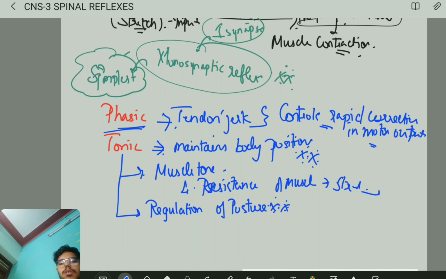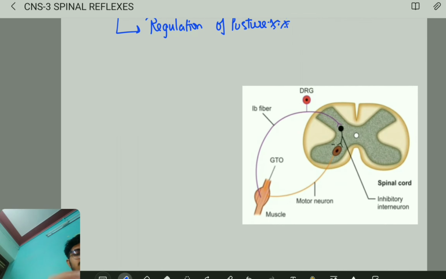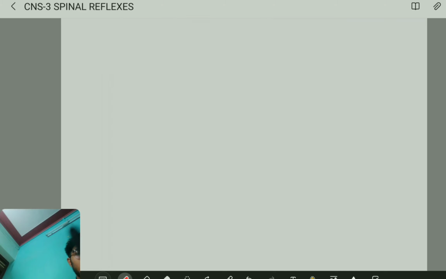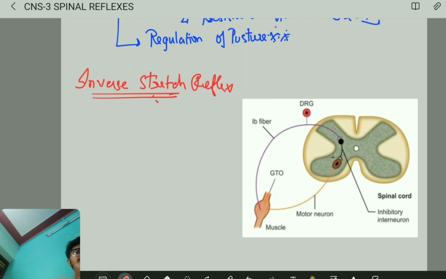Next we will be discussing the topic of inverse stretch reflex. Okay, fine. What really happens in inverse stretch reflex is that it's just opposite to stretch reflex. Stretch reflex causes contraction of muscle. Inverse stretch reflex causes relaxation of muscle.